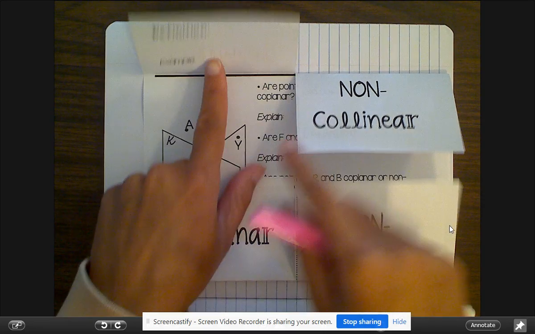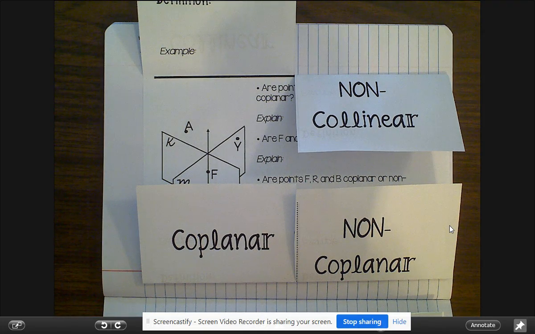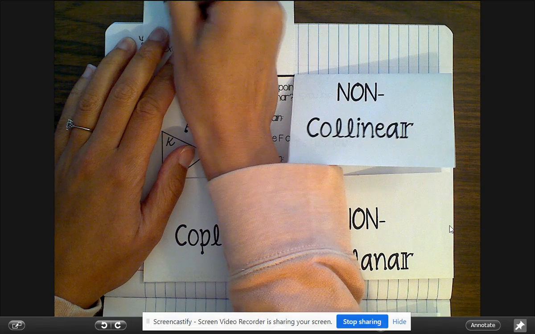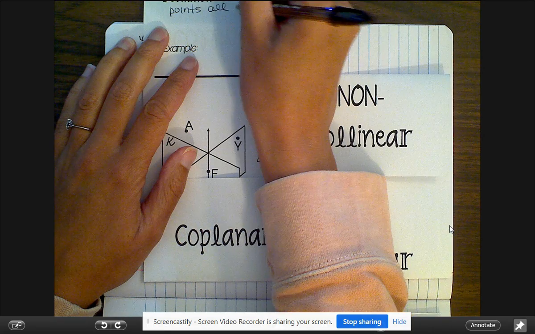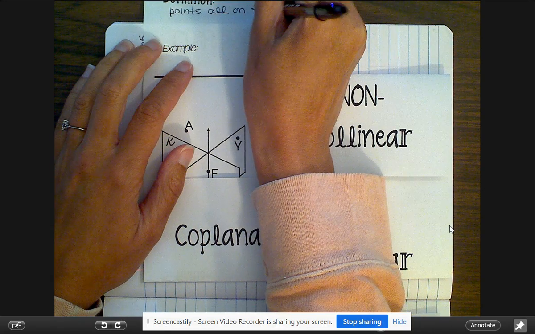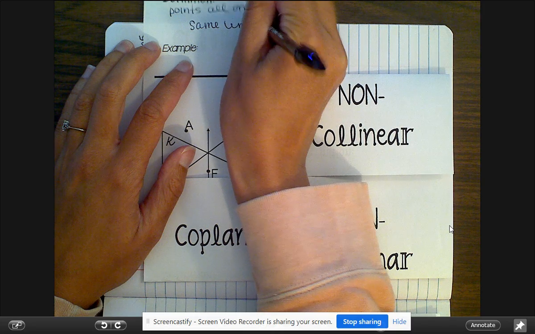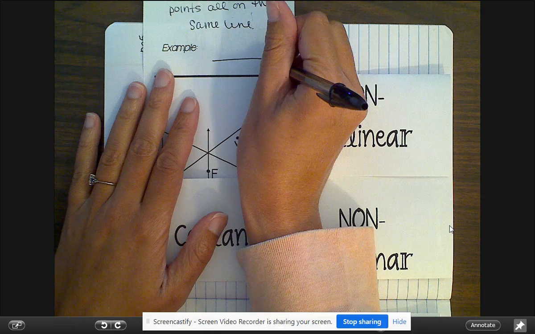So when I say collinear, what I mean by that is multiple points all on the same line. And I can't really just talk about two things here.